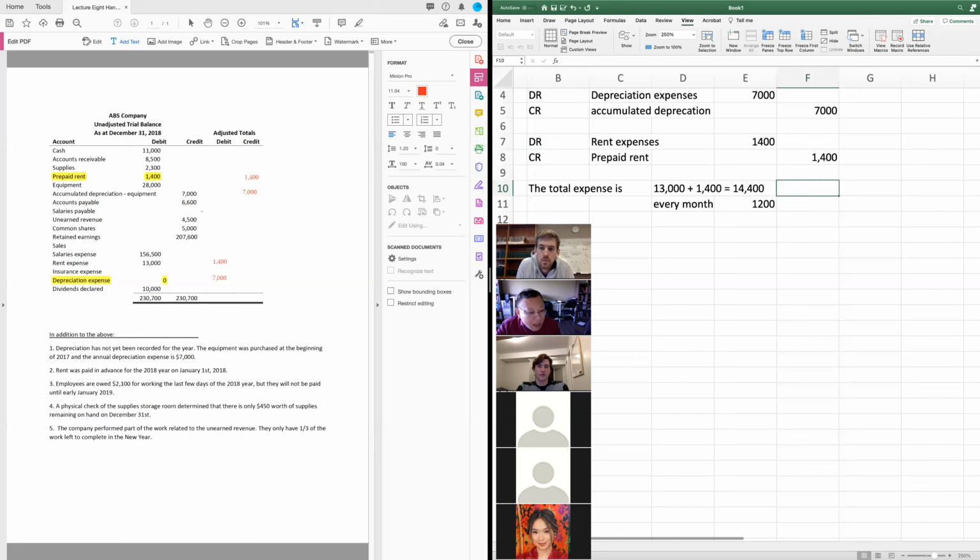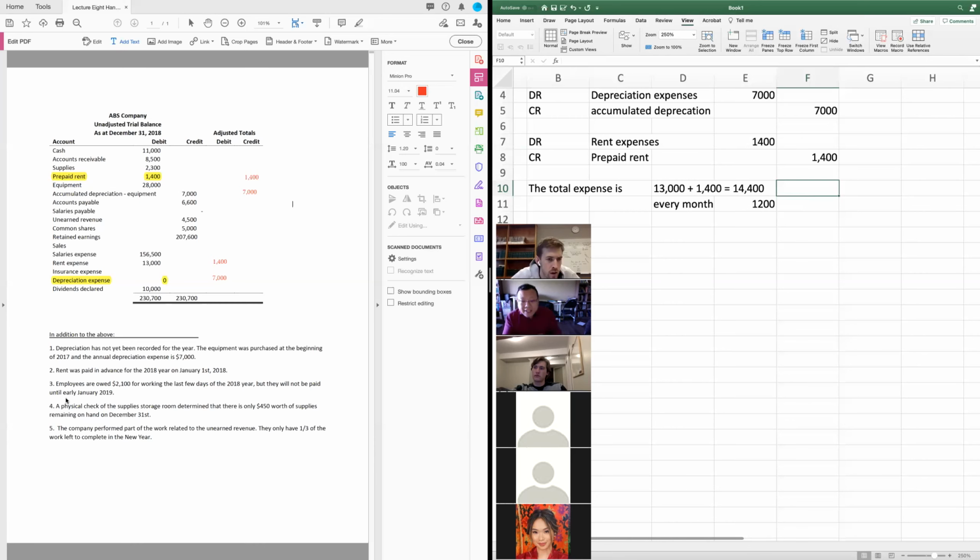Okay. So now let's take a look at number 3. Employees are owed $2,100 for working the last few days of the 2018 year, but they will not be paid until early 2019. The year end is December 31st, 2018, right?